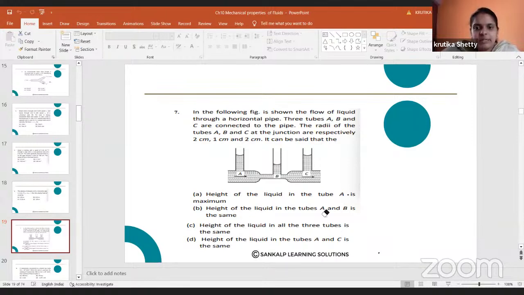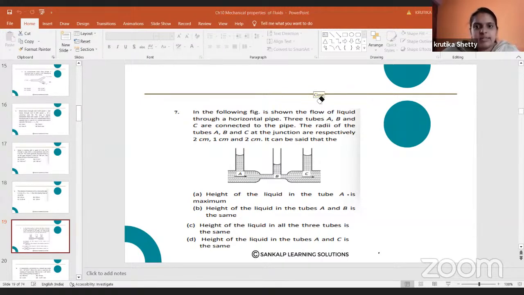Height of the liquid in the tube A and B is the same. Height of the liquid in all the 3 tubes is the same. Height of the liquid in the tubes A and C is the same. So which option is correct here? Which one? A, B, C, D.